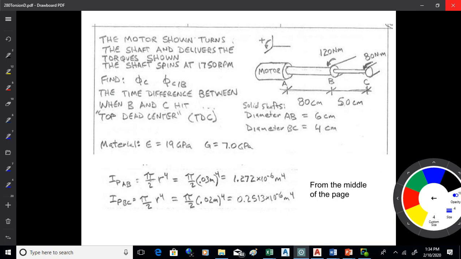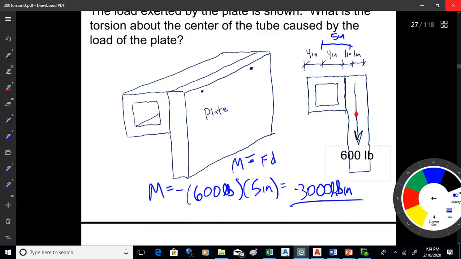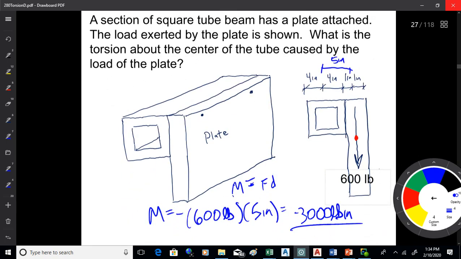Question about the last one. Because that plate's hanging from the whole length of that square tube, it's going to twist the whole tube in equal proportions along its length. Well, that's a good point. That's going to get a little tricky, because you're right. It's not just 3,000 pound inches applied at the end. This would be a distributed torsion.